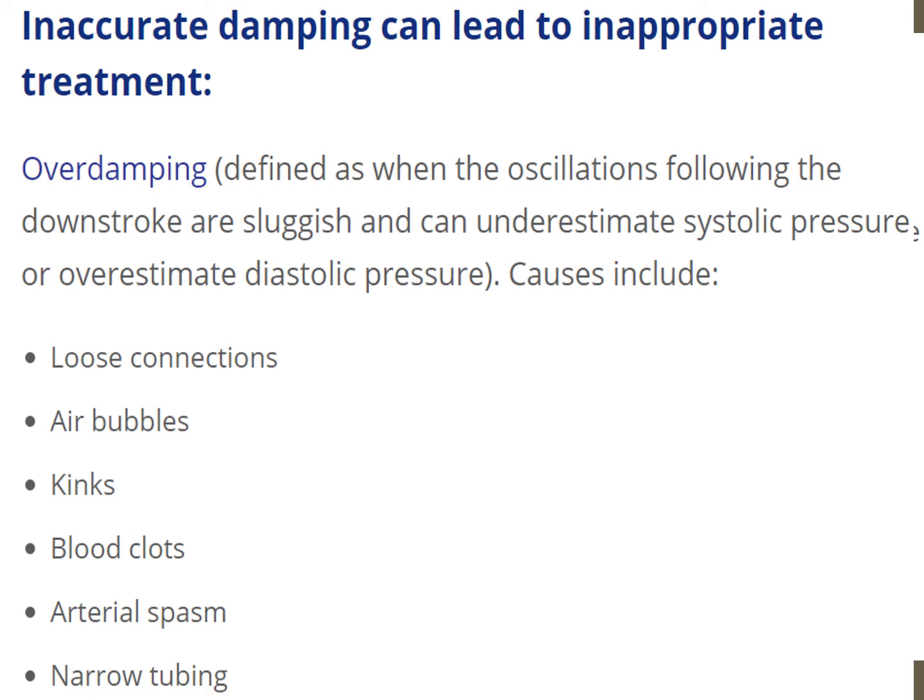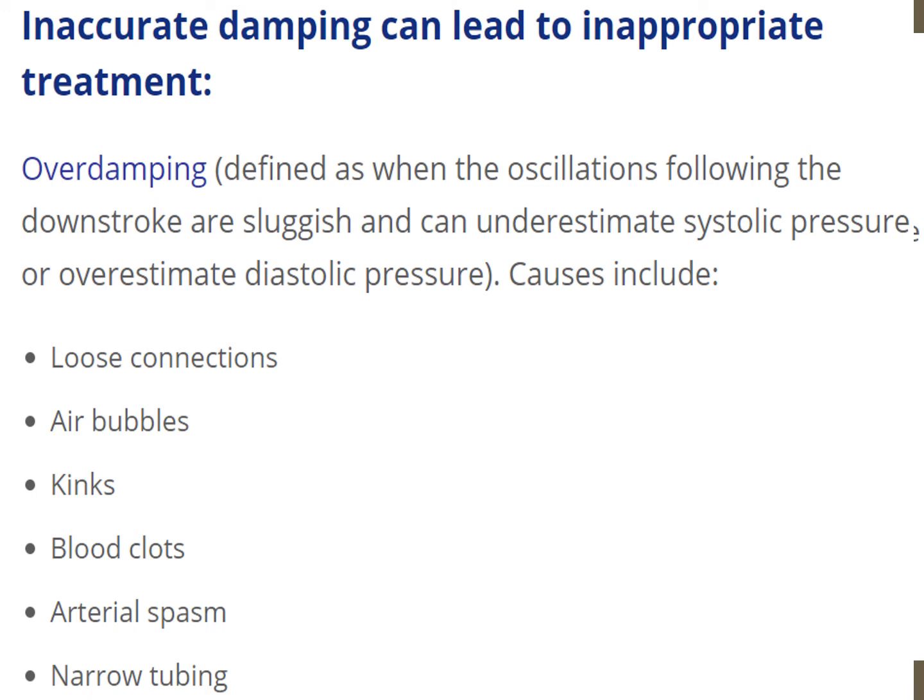You're not going to see that dicrotic notch. You're just going to see that slow, gradual downstroke. So that's an over dampen. That means it will underestimate systolic pressure. In other words, their systolic pressure will actually be higher than what it's reading there, and their diastolic pressure will actually be lower than what it's reading there.